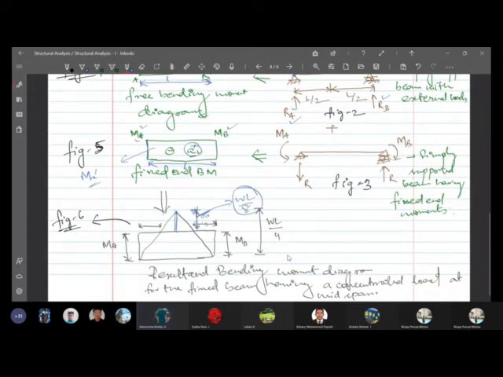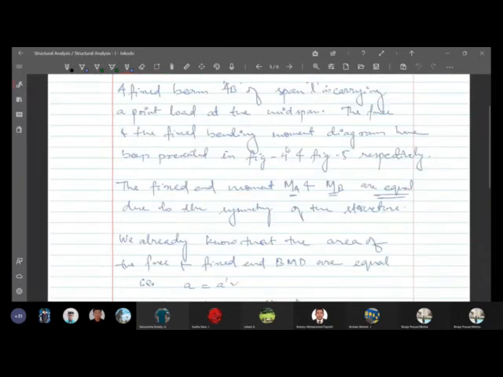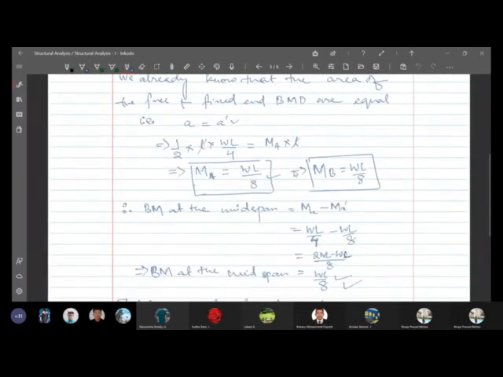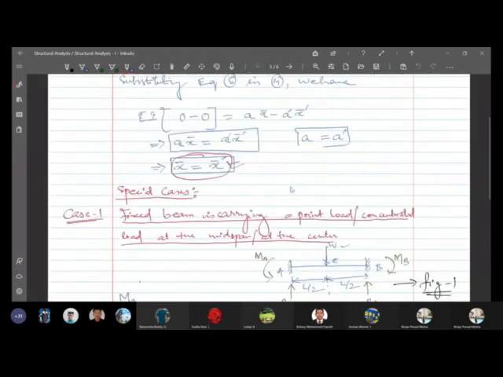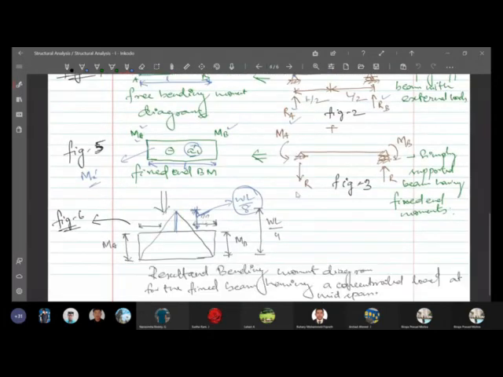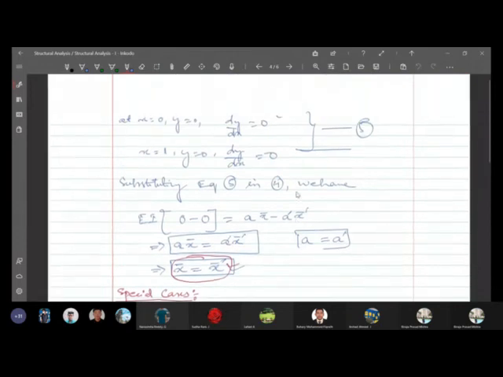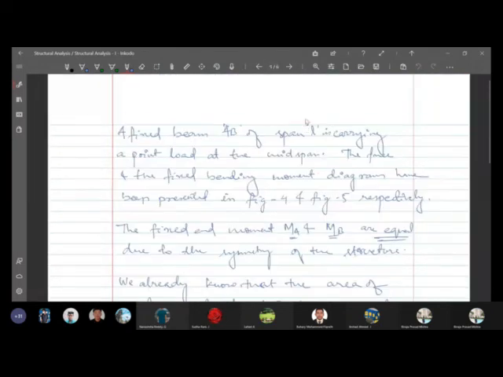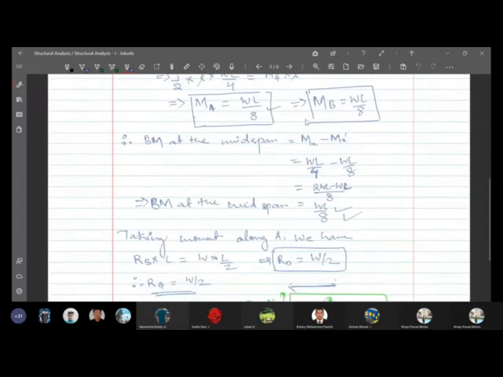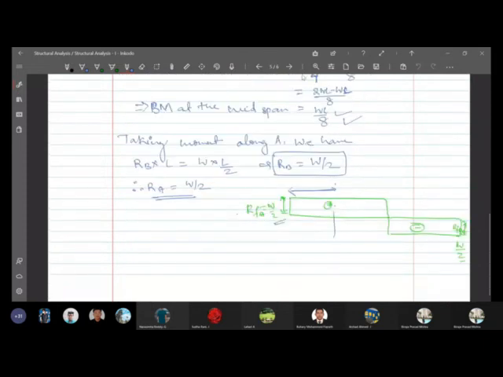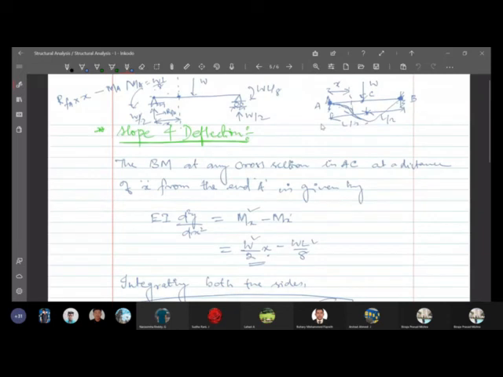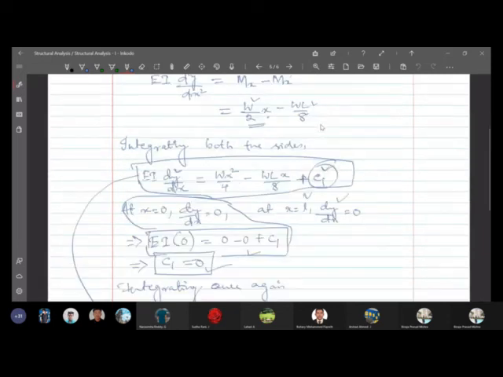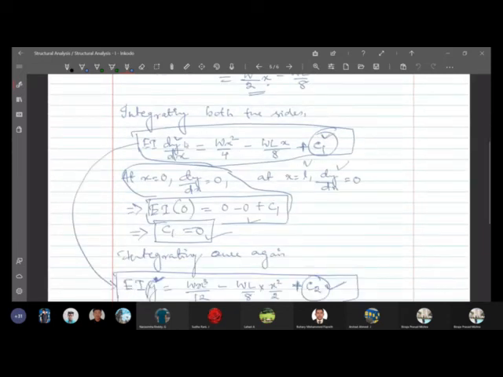See, if we are getting the value of C1, that I understand. So here you are asking about this one, right?